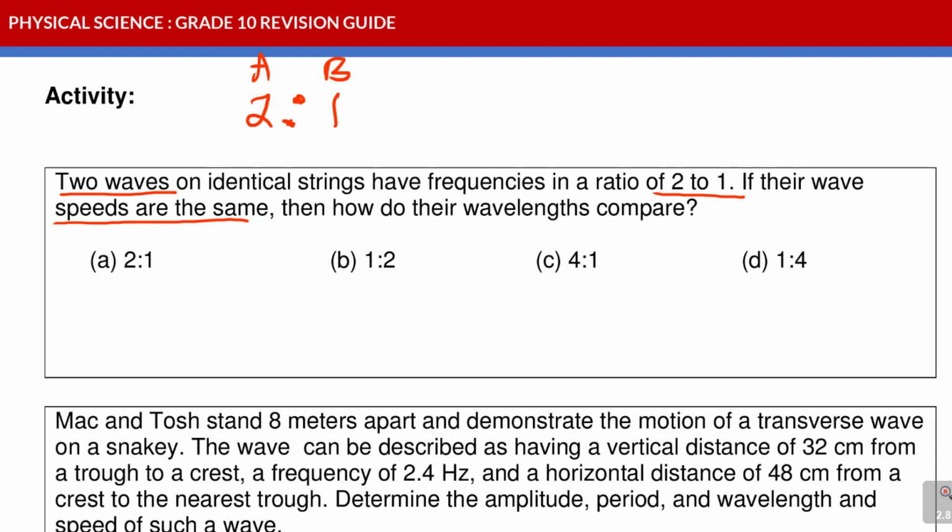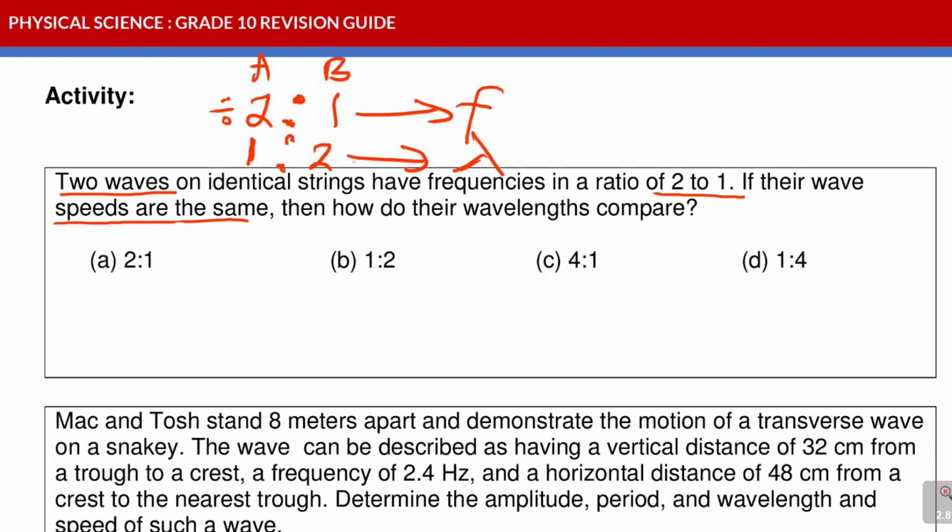You must remember what we talked about: wave speed being the same, the only thing changing being frequency. If the frequency is 2:1, you just interchange. When frequency doubles, wavelength is halved, so here you divide by 2, and the wavelength becomes 1:2.